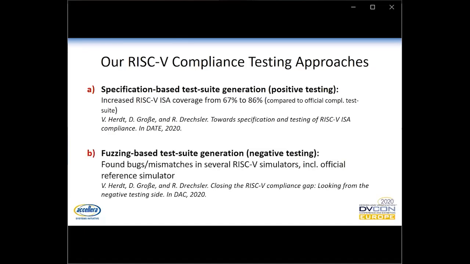And the second approach, which complements the first one, uses a fuzzer for test suite generation, and we denote it as negative testing, since this approach allows us to consider illegal instructions to also ensure that no additional or unexpected behavior has been added. And here we could show that we found bugs and mismatches in several RISC-V simulators, including the official reference simulator.